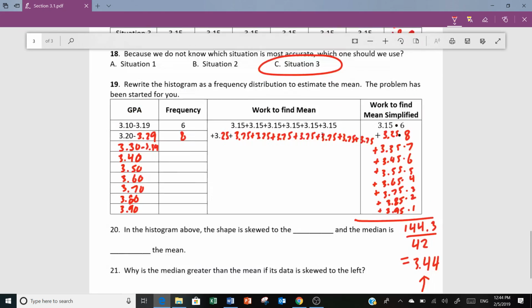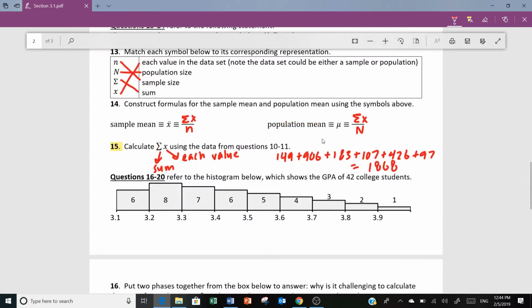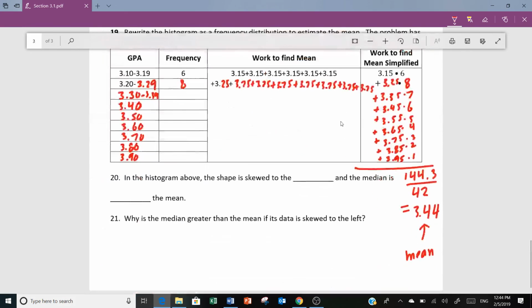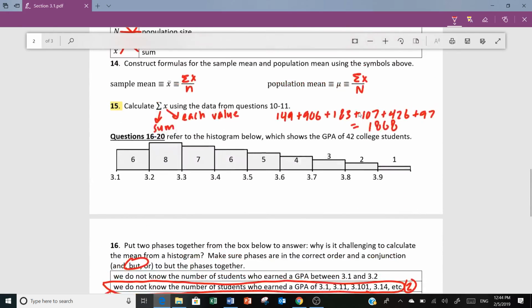Okay, so if we look at this graph at the top, which direction is it skewed? To the right. Skewed is the tail side. The tail's on the right, so we're skewed to the right. So you need to write that it's skewed to the right. And does anyone remember what the median was? The median was 3.4.